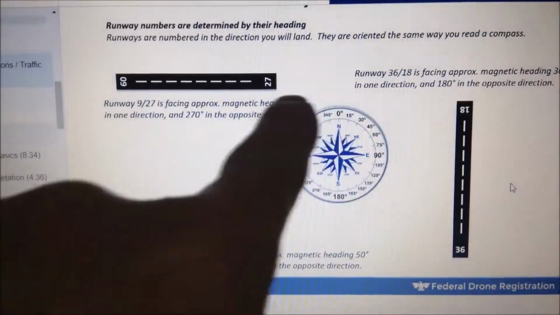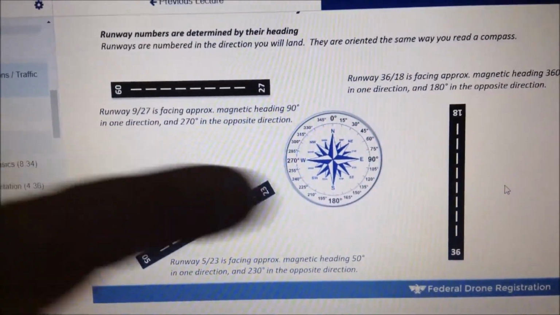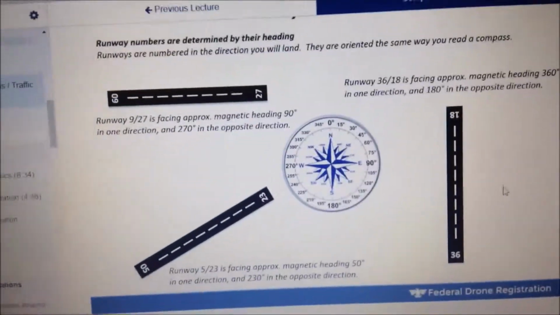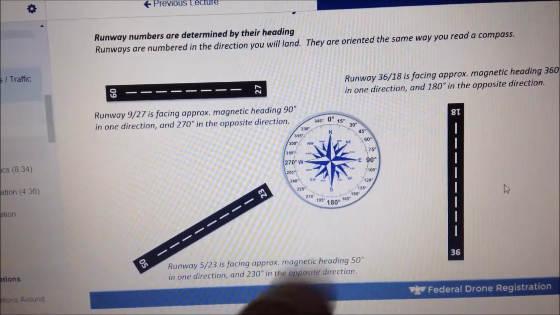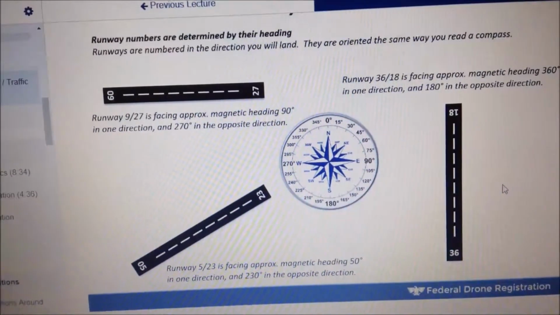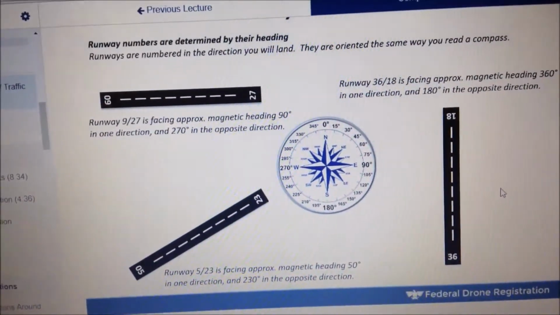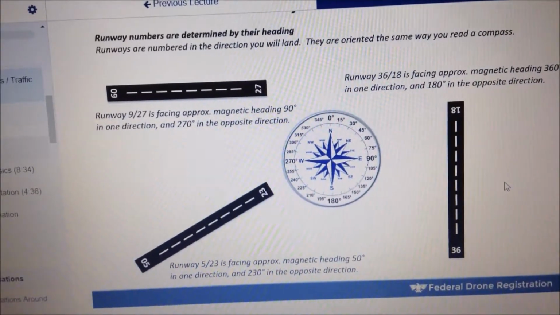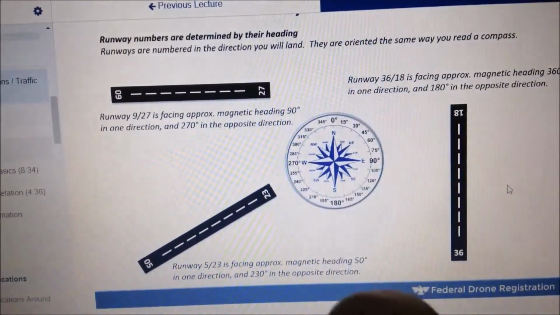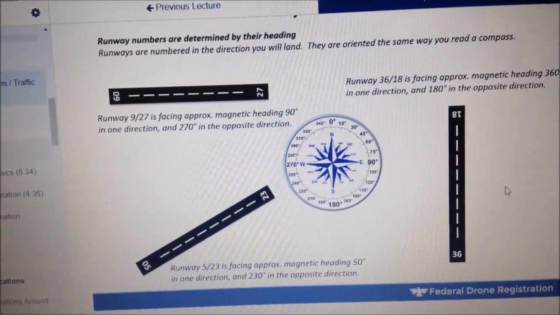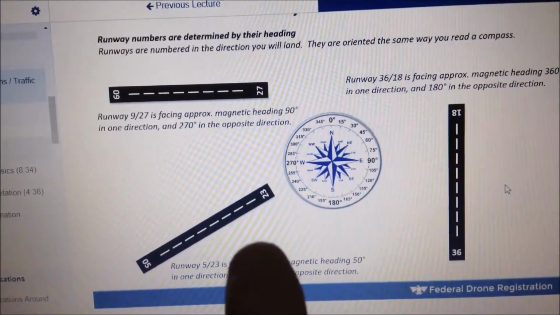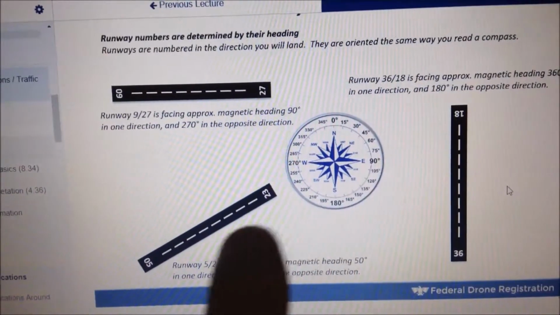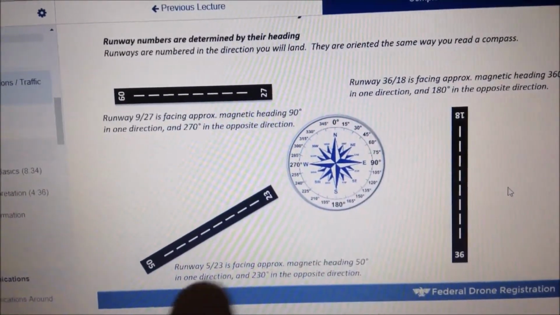Going east and west, if you're coming in east, you're coming in 90. If you're going west, you're going in 270, just like your compass. Going north and south, if you're landing coming in north, you're coming in 360. If you're going in south, you're coming in 180. And then of course over here, you're going northeast or southwest in these directions.